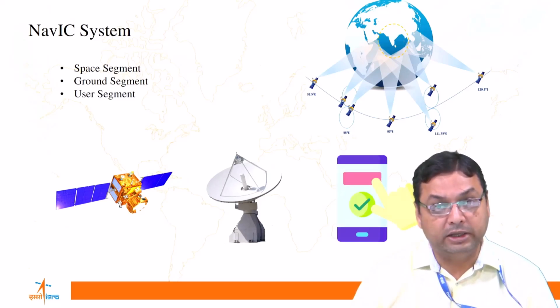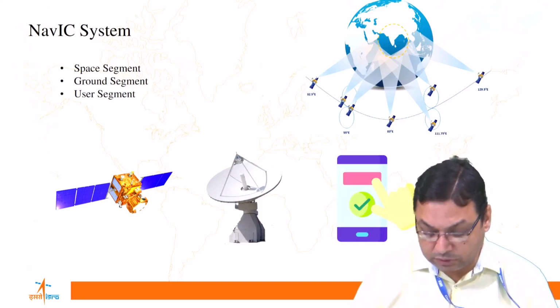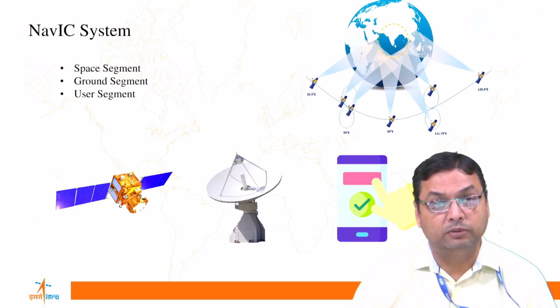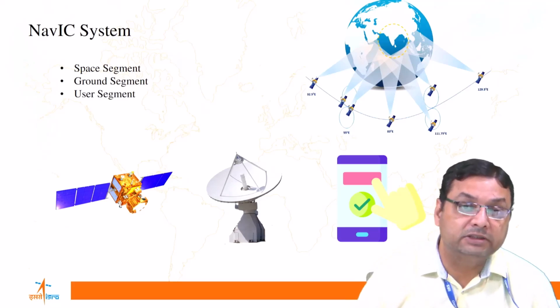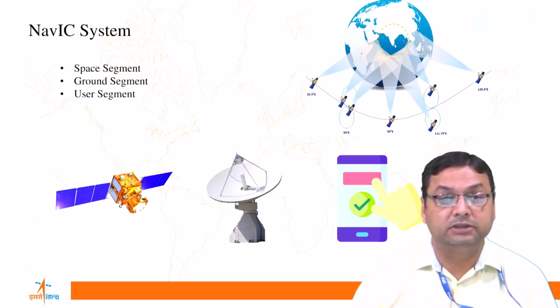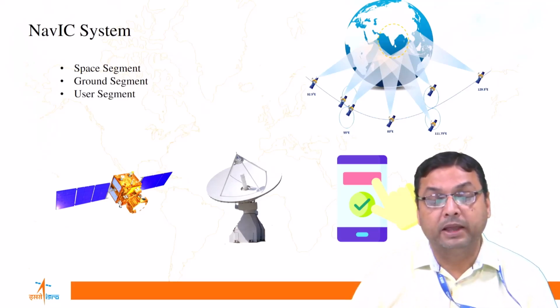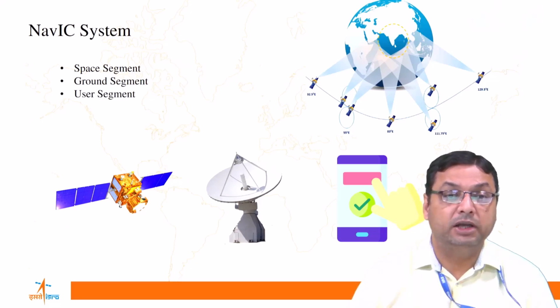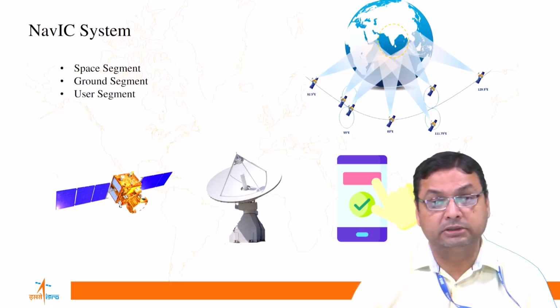Similar to any GNSS system, we have the space segment, ground segment, and the user segment. And Android devices can also use the IRNSS signal. Map My India has developed an app for it, and compatible mobiles will be able to navigate using the NAVIC signals or the IRNSS signals.